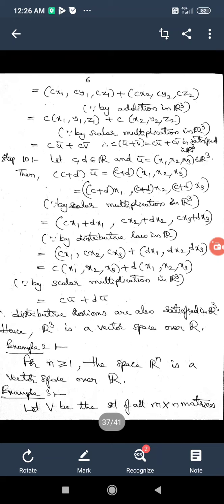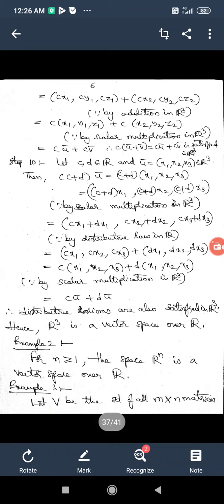So finally we could prove that c plus d times u bar is equal to cu bar plus du bar. So by step 9 and step 10, we can say that the distributive axioms are satisfied in the set R3 over the set R, and hence from steps 1 to 10 we can conclude that R3 is a vector space over the set R.